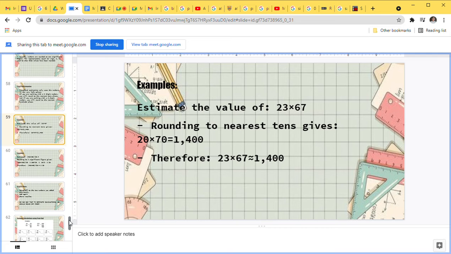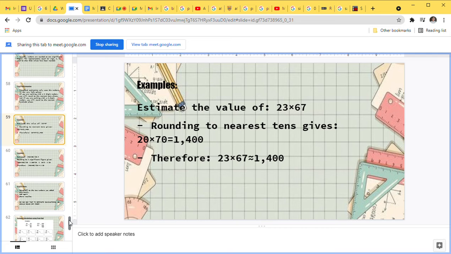And yes, this is how you will do your activity 2 for the assignment, right? So first, we are given our calculation to do, 23 times 67. In order to estimate the calculation, first, we need to round off those numbers. So in this case, we will round off to the nearest 10, right? Because it is a two-digit number. If it was a three-digit number, we would round off to the nearest 100, and so on. But in this case, we are rounding to the nearest 10. So if we round off 23 to the nearest 10, we get 20, right?